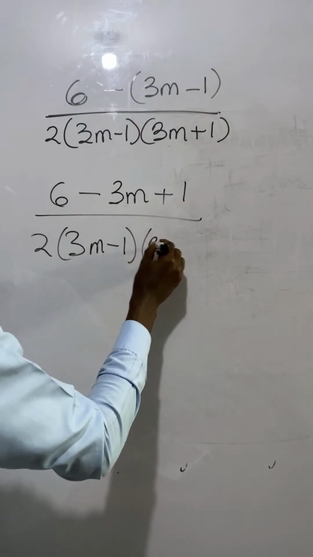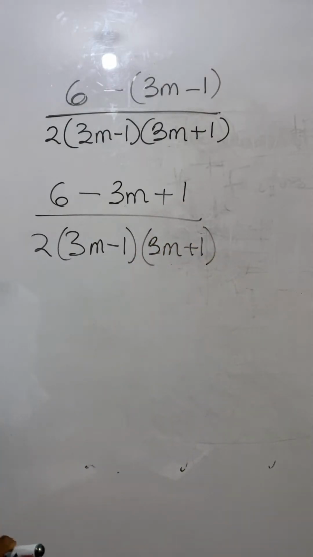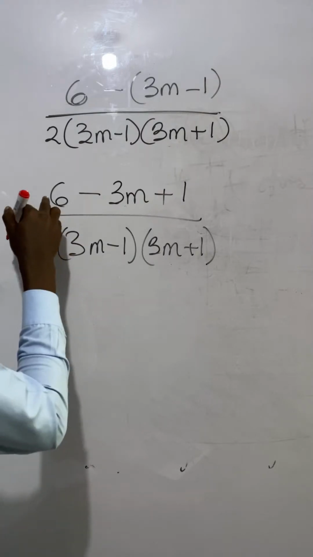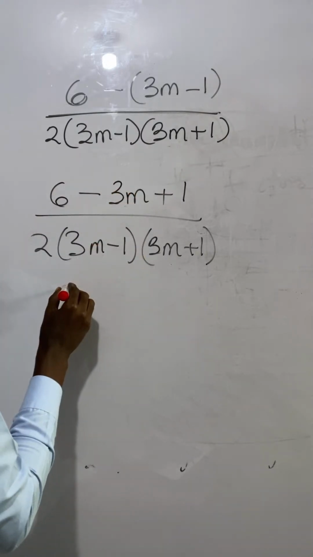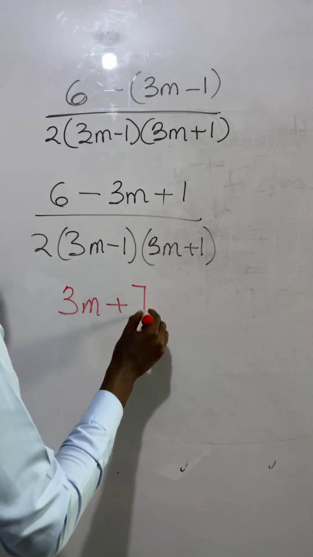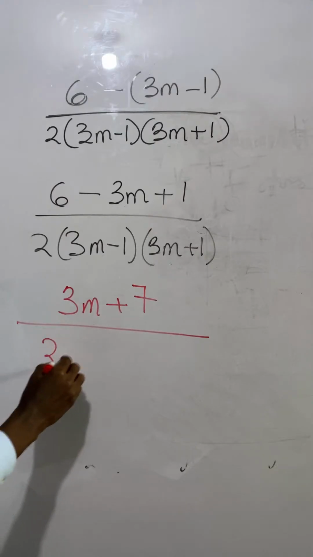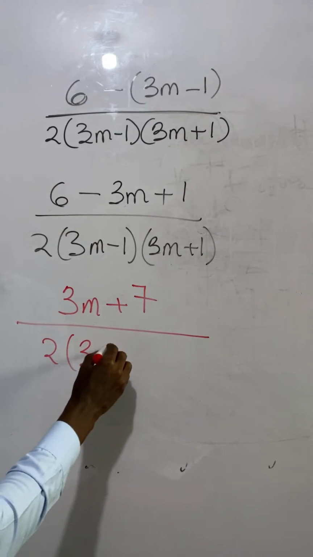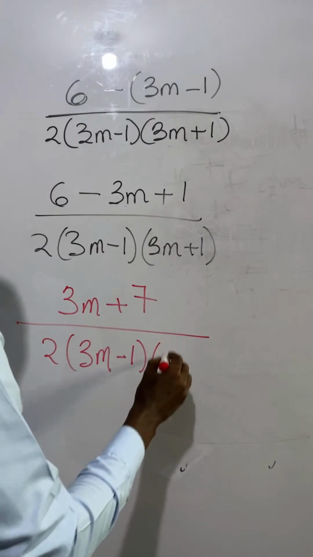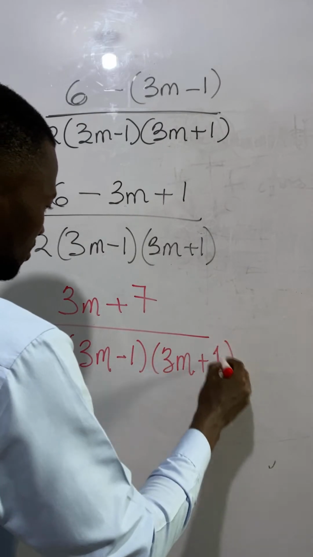So I would like to write this as 7 minus 3m, then we have 2 times 3m minus 1, 3m plus 1.